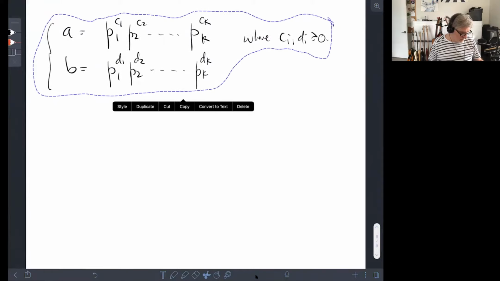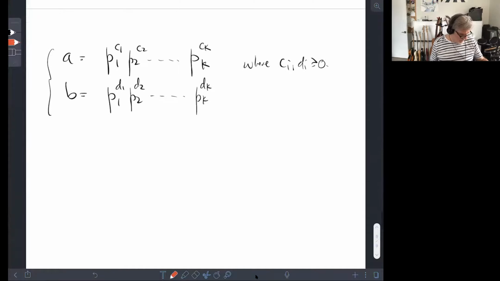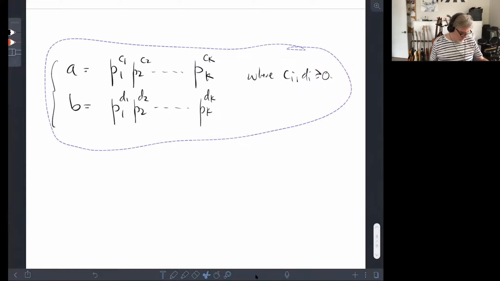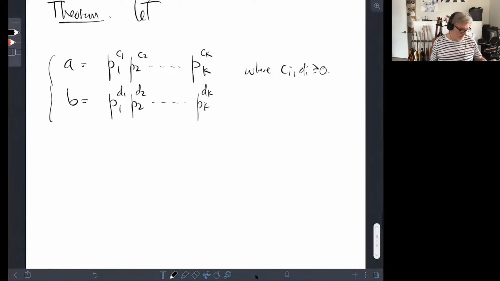All right, so I've written my two numbers like this. Okay, theorem. Let A and B be like this. Then, where the P_i are primes, right?